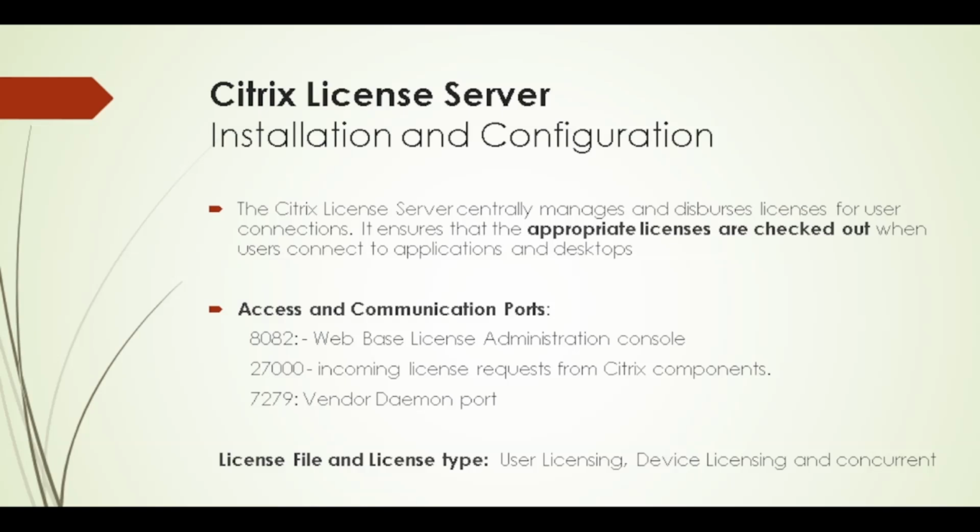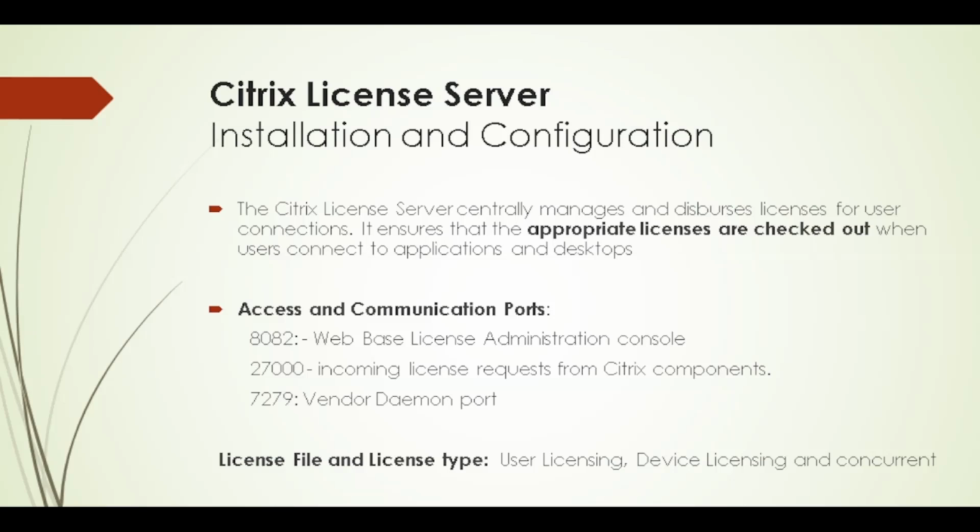License file and license type. So the license file we can get from the Citrix site. For that, after purchasing the license, we need to provide our license server host name, and that host name is critical. Once it is provided, that license file will map to that host name only, and that host name is case sensitive.